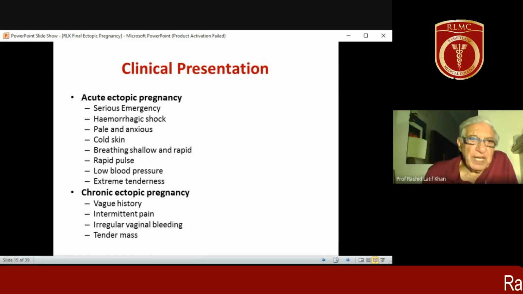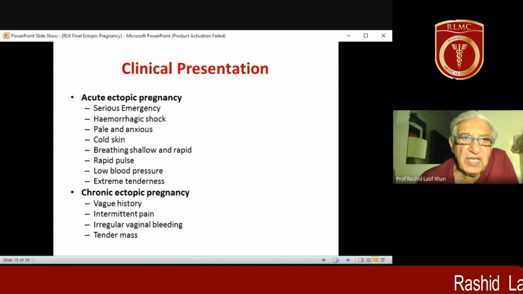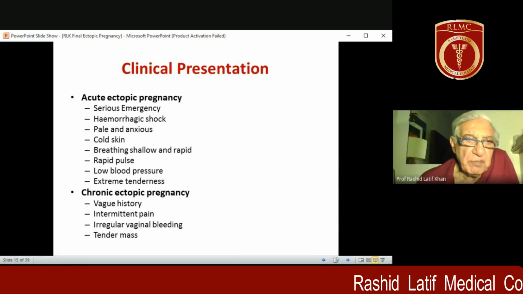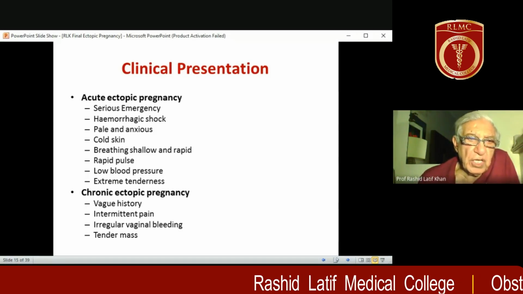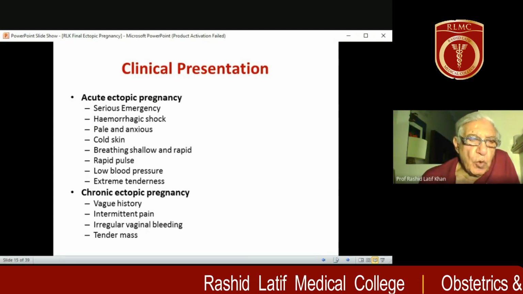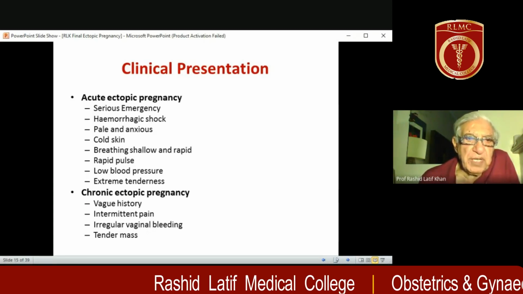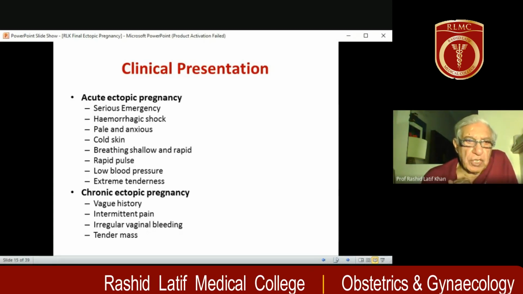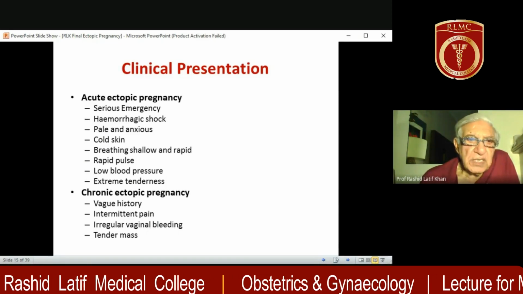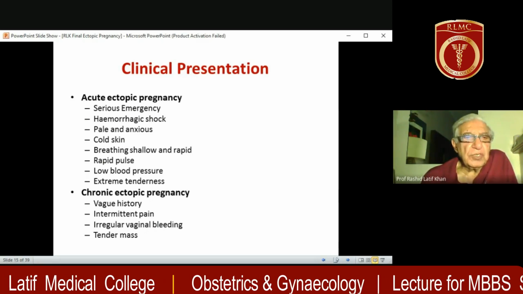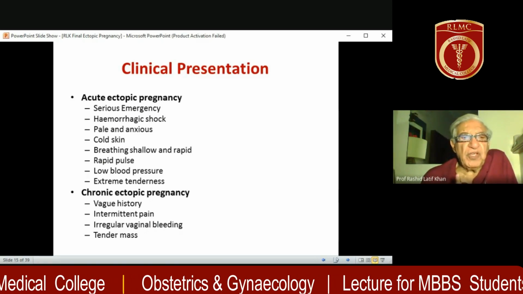Anyway, we come back to acute ectopic, which is a very serious condition. It requires emergency management because the patient is in a state of hemorrhagic shock. She looks pale and anxious, cold, and she shows all the signs of shock. Breathing is shallow and rapid. And in such cases, no time should be wasted.